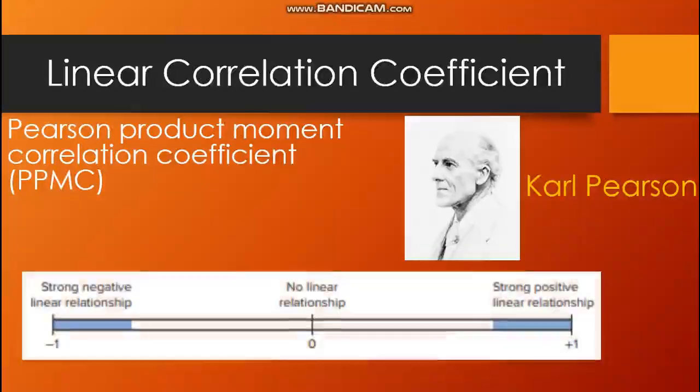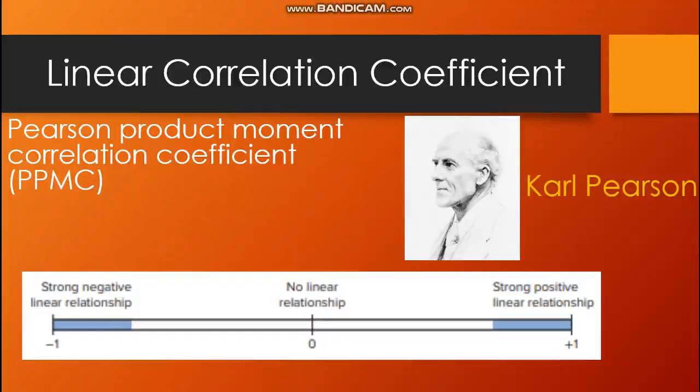Now, ito yung range of the correlation coefficient from -1 to +1. So, ibig sabihin, if there is a strong positive linear relationship between the variables, the value of R will be close to +1, while if there is a strong negative linear relationship between the variables, yung value ng ating R will be closer to -1.